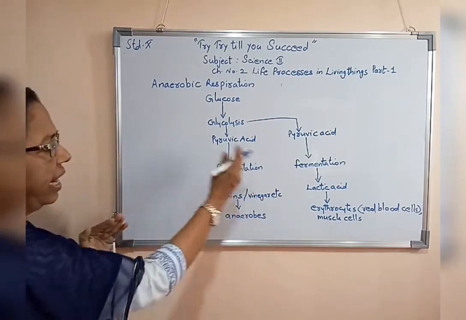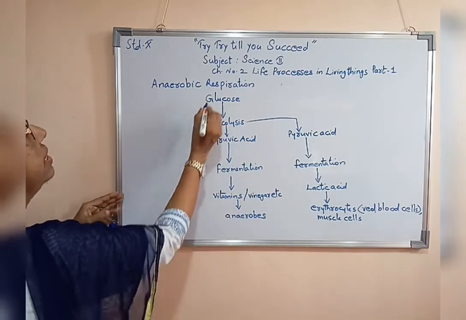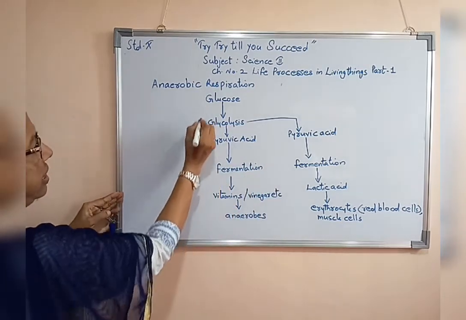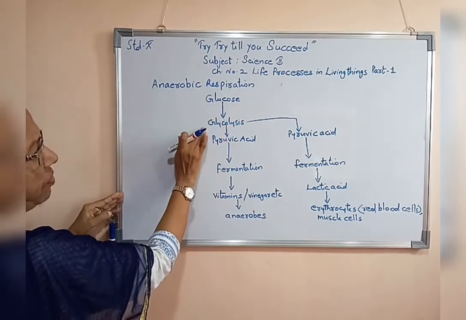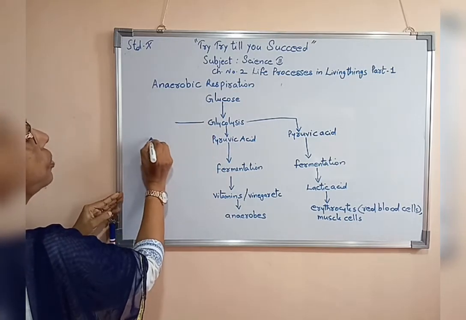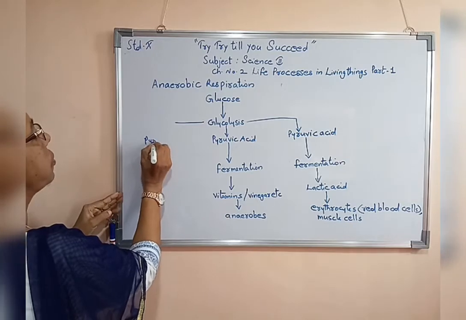Now again I am showing you one more example. Same process up till here, the same thing is happening. So the same way, glucose, afterwards glycolysis. As a result of glycolysis, here I am showing you pyruvic acid is produced.